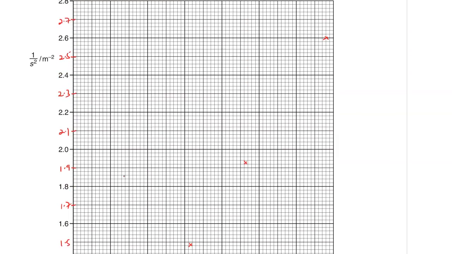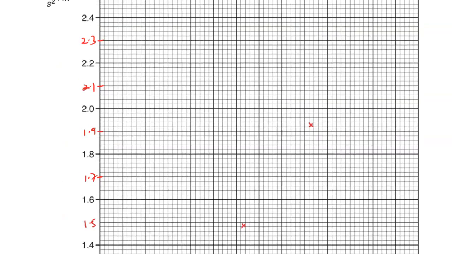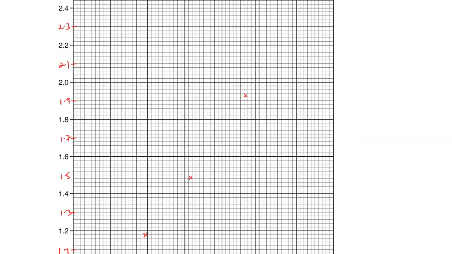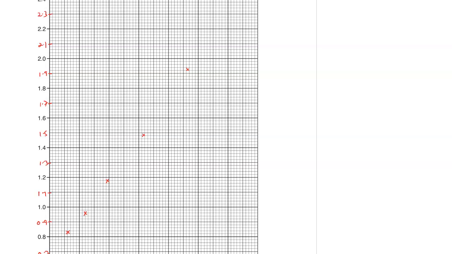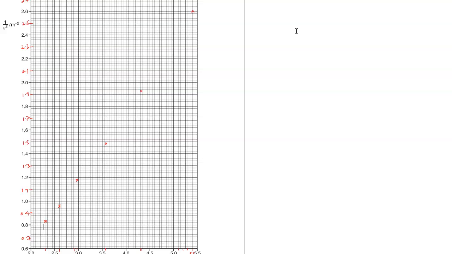So we can now draw the line of best fit. Let me zoom out to get all the points, to be able to see all the points. So let me draw a line of best fit.